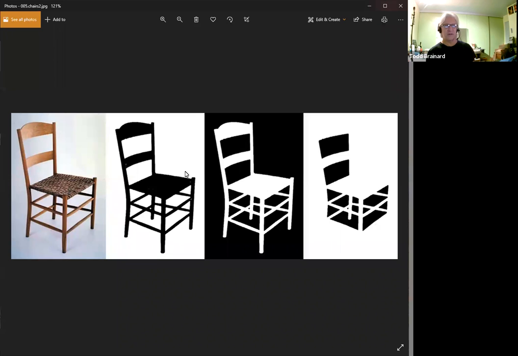So this is the reverse of that right here. And this finally has taken away all of the exterior areas around the chair and only shows you the raw negative space shapes on the interior, the areas where you are perforating and looking through the chair legs and the braces and all that sort of stuff.